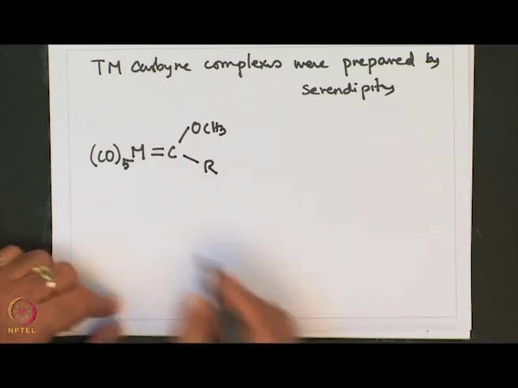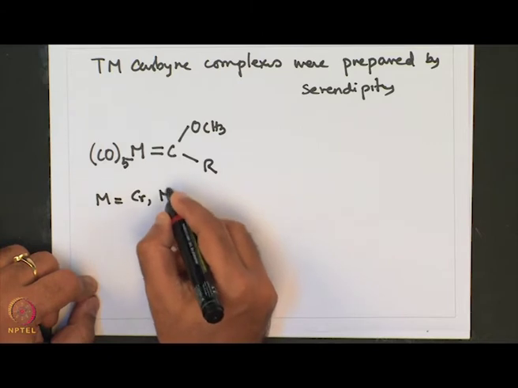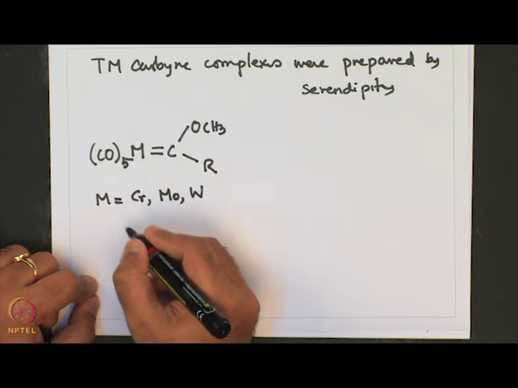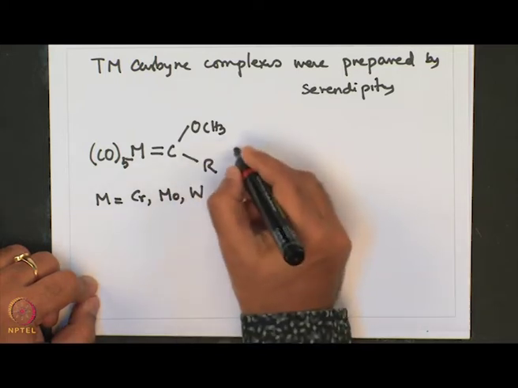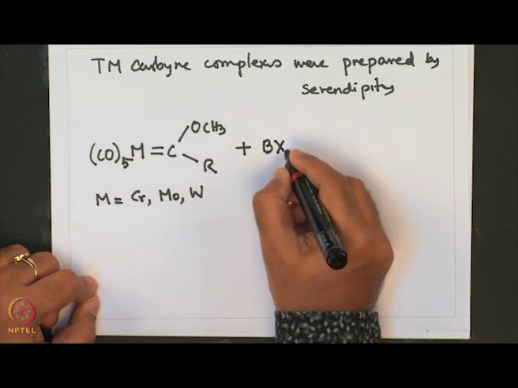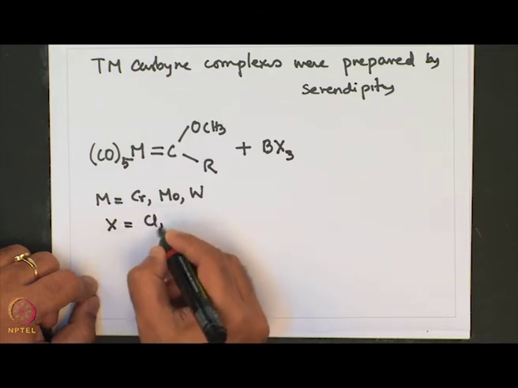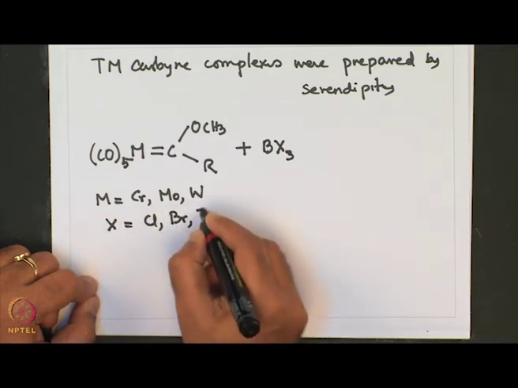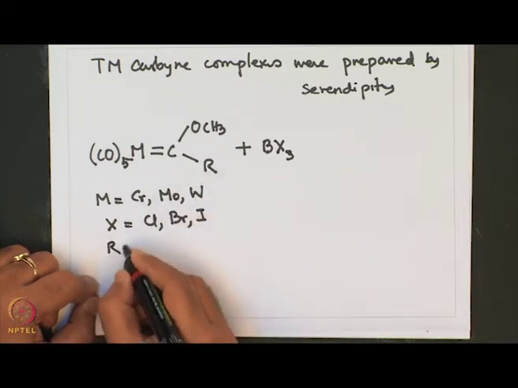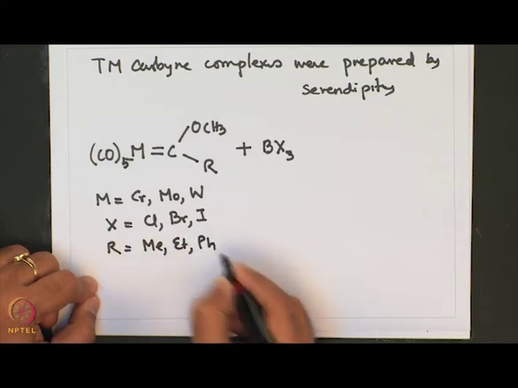This is a Fischer carbene, where M can be chromium, molybdenum, tungsten, and when this was reacted with Lewis acid BX3, where X can be chlorine, bromine, iodine, and this R is methyl, ethyl, phenyl.